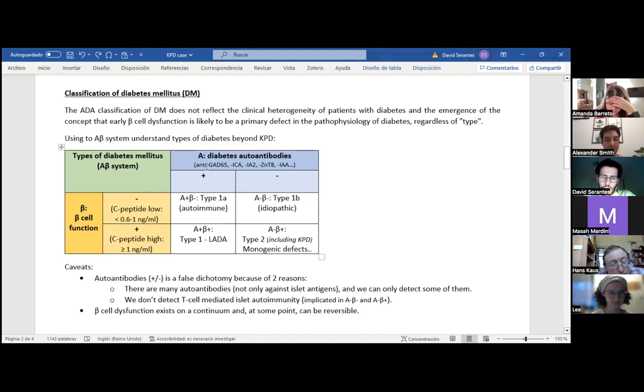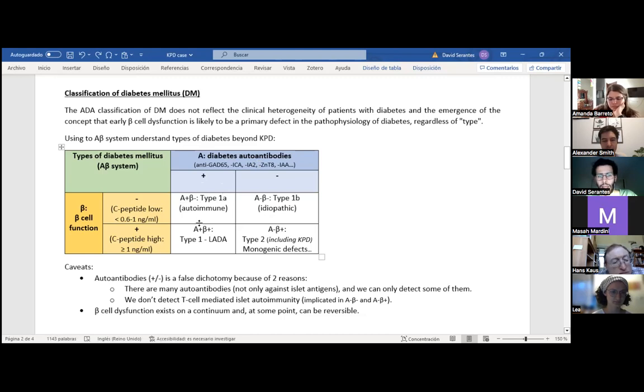In this way, we can classify ketosis-prone diabetes into 4 types. A plus beta negative, which is patients that have autoantibodies but don't have beta cell function, and this could be very similar to what we understand as type 1A, autoimmune diabetes.